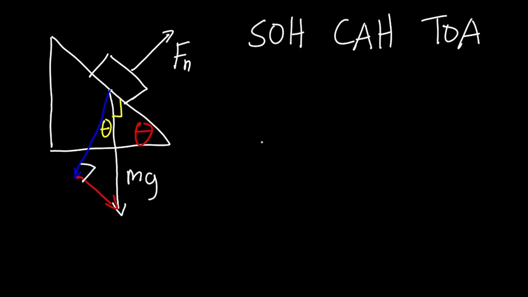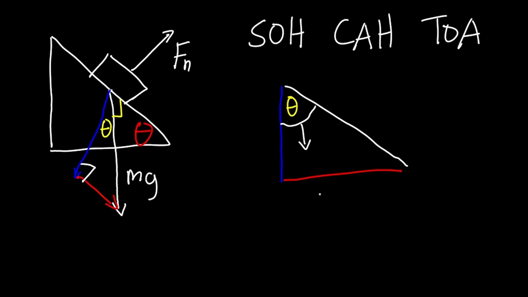Now, SOHCAHTOA. So, i-redraw ko lang tong diagram na yan. Yan. So, we have that diagram na, same lang to dito. Now, on SOHCAHTOA, if nandito si angle natin, therefore, opposite to that angle is our opposite, no?